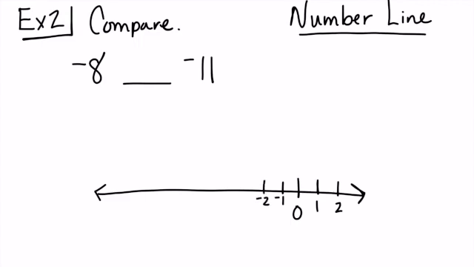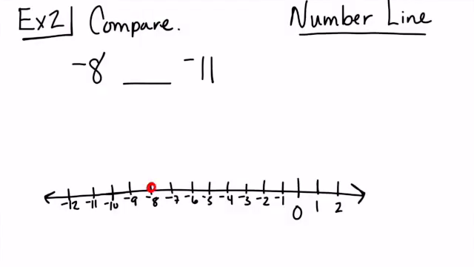Negative 1, negative 2, negative 3, negative 4, negative 5, negative 6, negative 7, negative 8, negative 9. And I'm going to need more room. Negative 10, negative 11. I always like to go one more. Negative 12. Okay, so I'm going to plot my numbers.